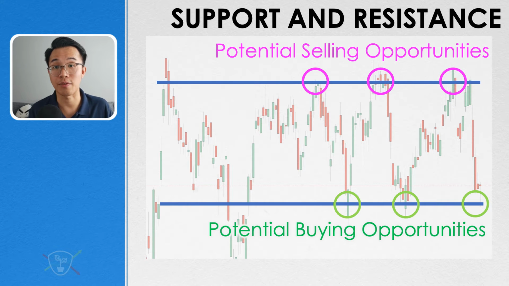And this could present us really good buying or selling opportunities. So being able to identify where these support and resistance levels are, where these areas of buying and selling interest are, could give us an edge in our trading or investing and help us to become more profitable.